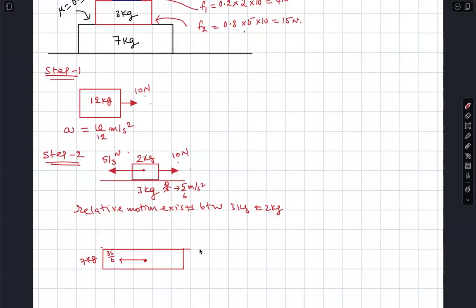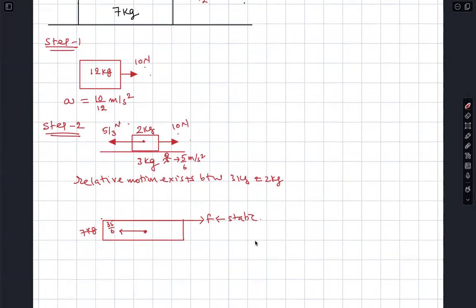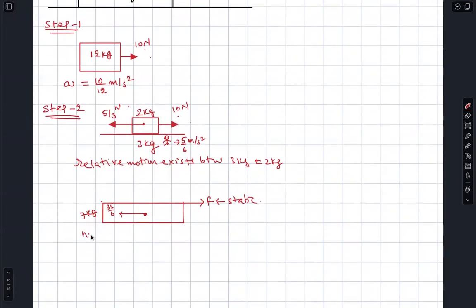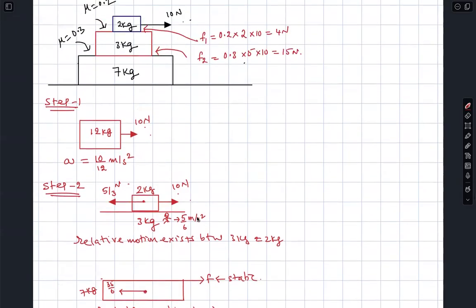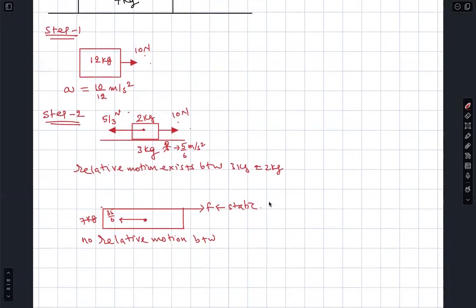What is the maximum opposition here? Up to 15 newtons. But the motion tending force is nearly 6 newtons. So what is going to be the nature of the friction here? Static. So what is your confirmation? No relative motion between the 3 kg and 7 kg block.